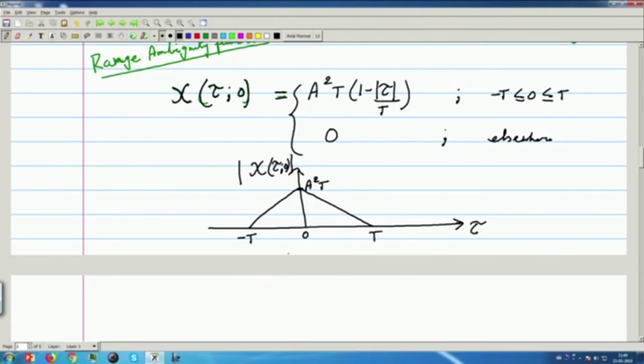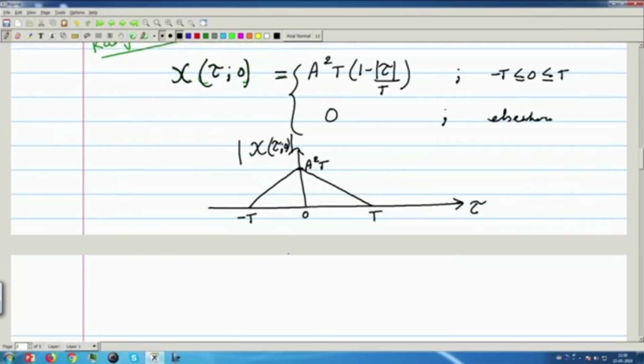So, I can say that the width in the range dimension will be 2t, twice the pulse on time. So, if I have 1 microsecond, then my resolution will be related to that, and you need to convert tau, etcetera. Similarly, let us see the frequency correlation function.